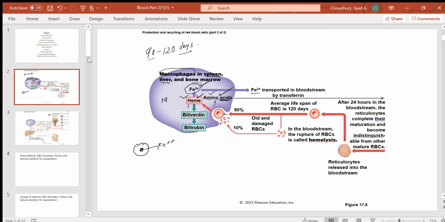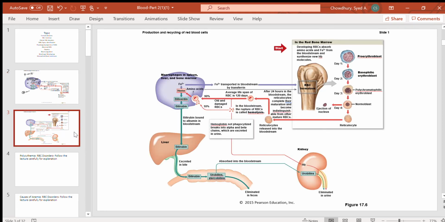However, the rest part of heme will be converted to biliverdin and then will be converted to bilirubin, the yellow pigment. And the bilirubin will get out through the urine and stool as stercobilin and urobilin, or stercobilinogen and urobilinogen.